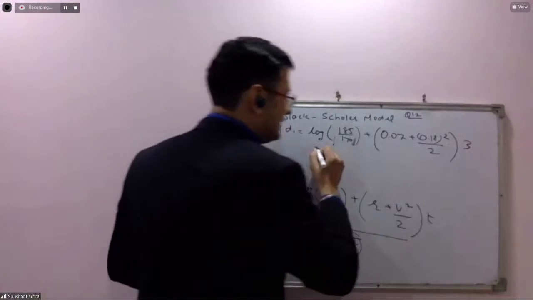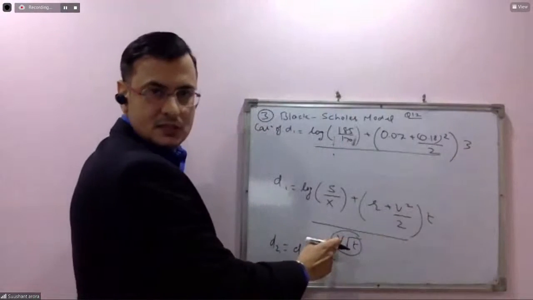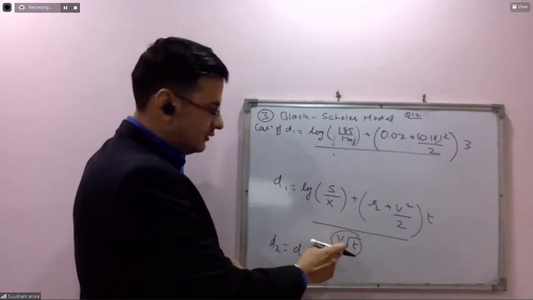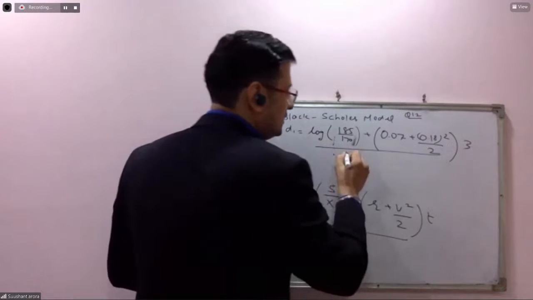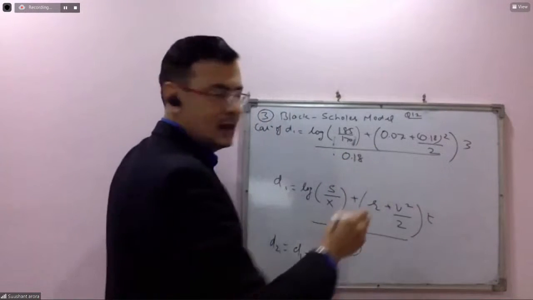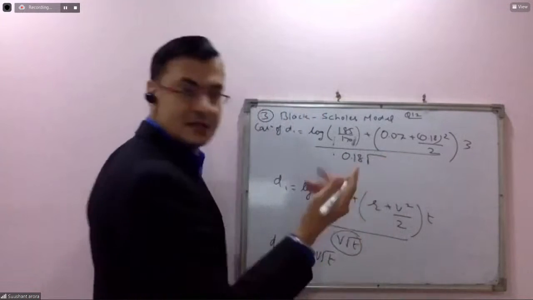Divided by this standard deviation, V meaning standard deviation 0.18, under root of T, which is 3.